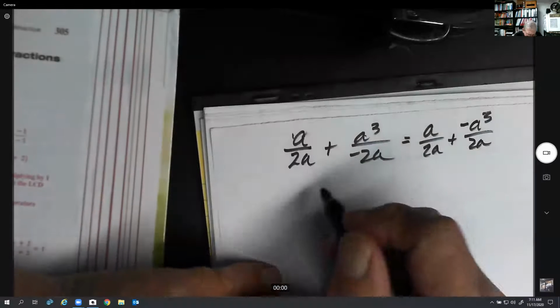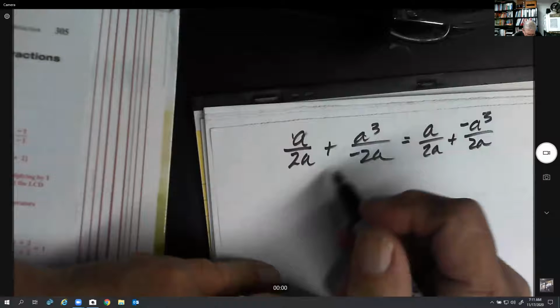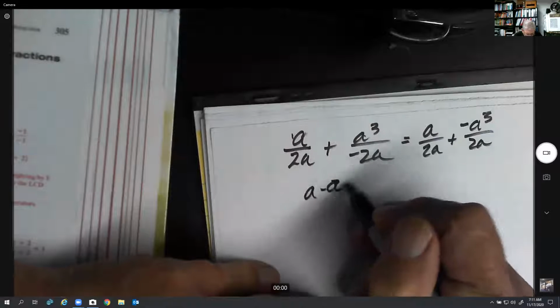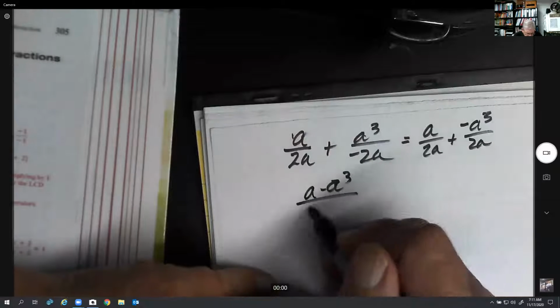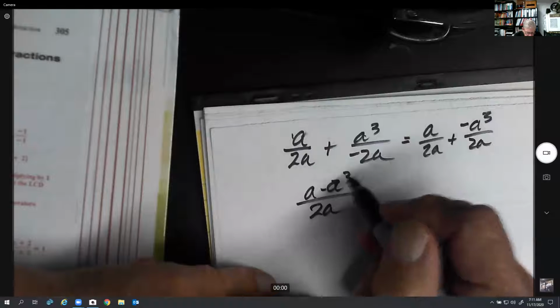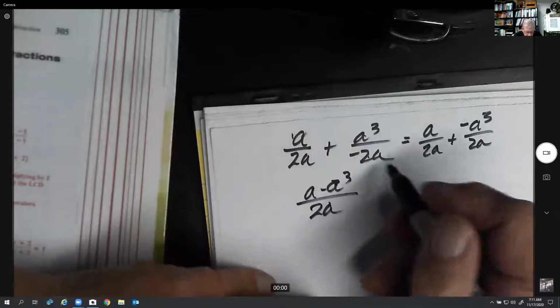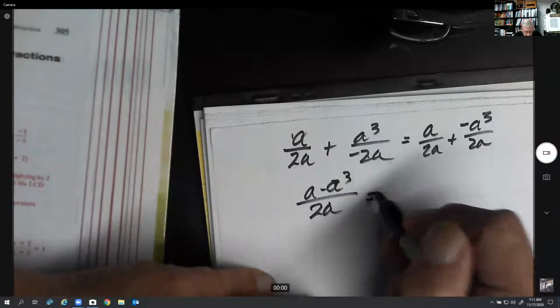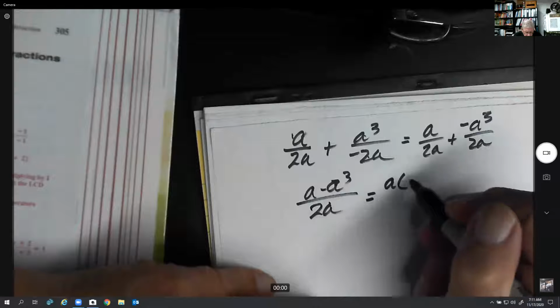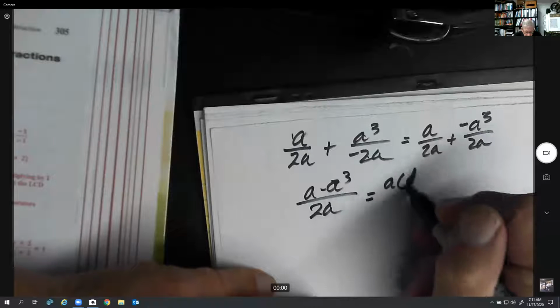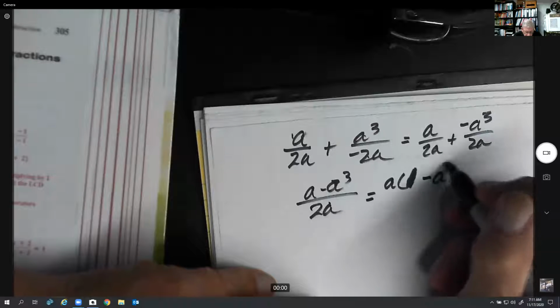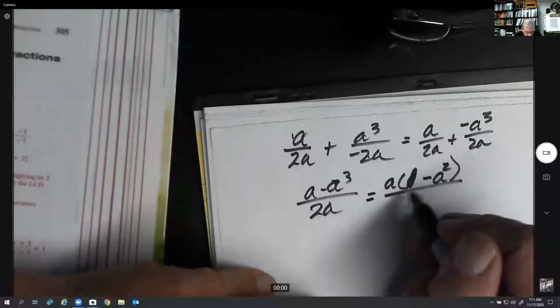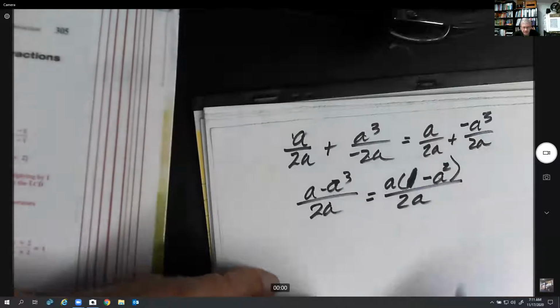So it looks like I have a minus a cubed. I might not write all these steps, I probably could have just jumped from this step to this step, and then I can factor out an a. That gives you a 1 minus a squared over the 2a.